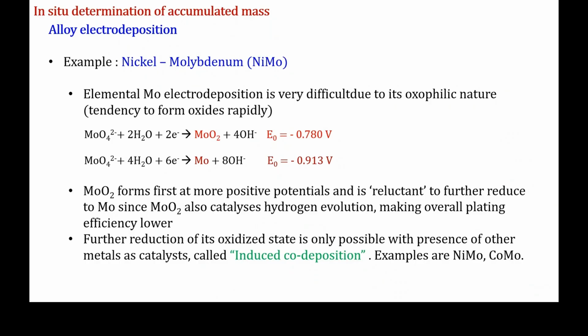And using that compositional information, you back calculate how much of the mass deposit must be due to nickel and due to molybdenum. But the molybdenum part is difficult because you don't know whether you've got molybdenum or molybdenum oxide. And so we're trying to piece together all of this in situ and ex situ information to try and identify the best plating bath and the best deposition condition at which you get the right ratio of nickel and molybdenum.